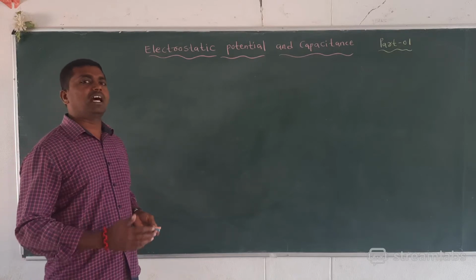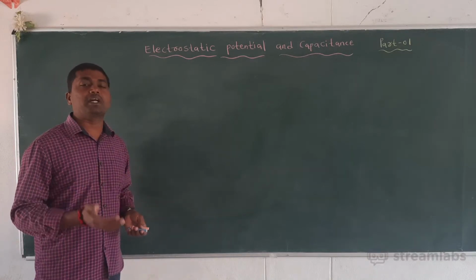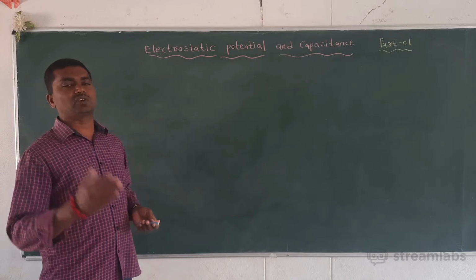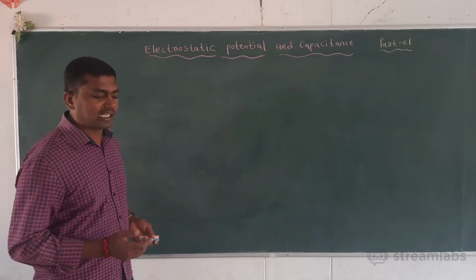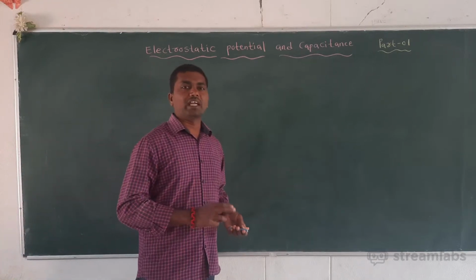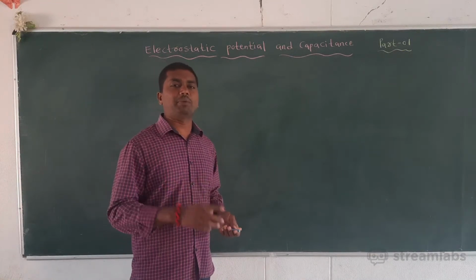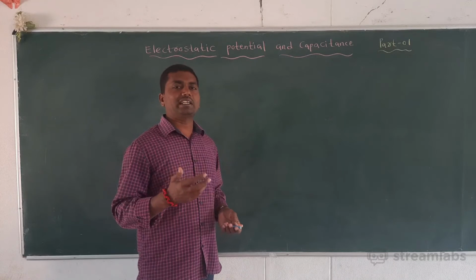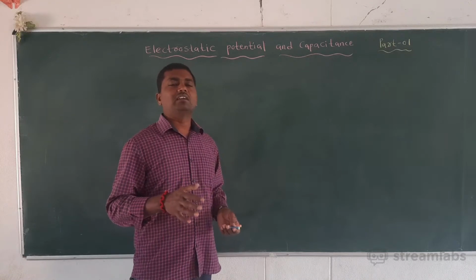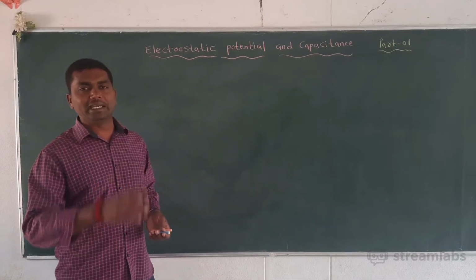The number of charges flowing per unit time in a conductor is also called electric current. The electric current is represented by I. The SI unit of electric current is amperes, and it is measured by an electronic device called an ammeter.